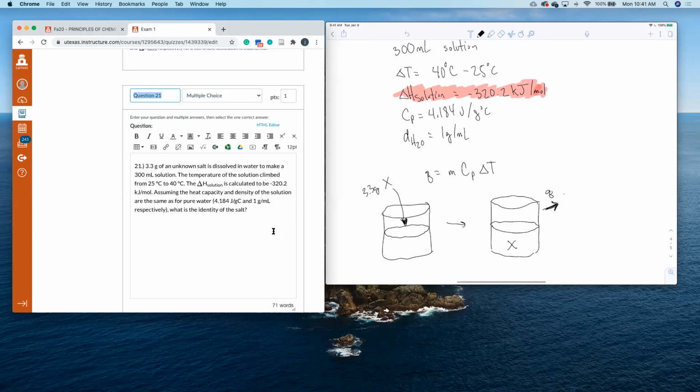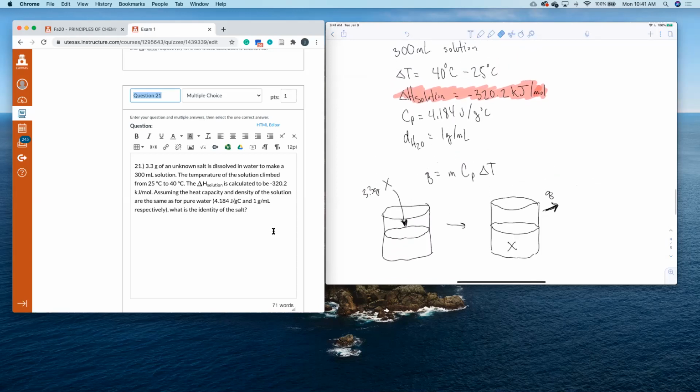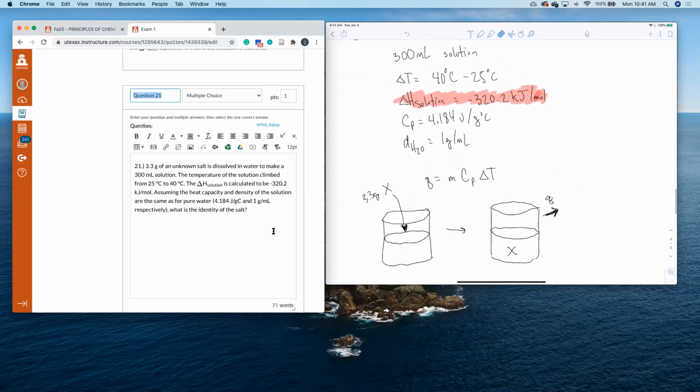So I have minus 320.2 kilojoules. Well, let's say that would be for a full mole. Yeah, so let's just leave it at that. So Q flows out of the system. Some amount of heat flows out of the system. Actually, per mole, though, it's kind of interesting.